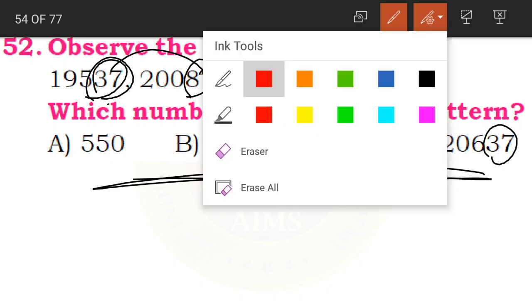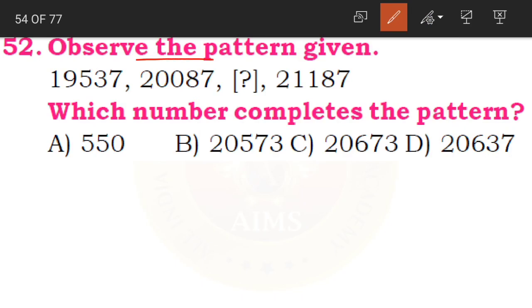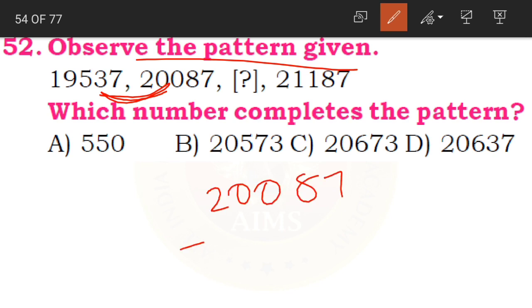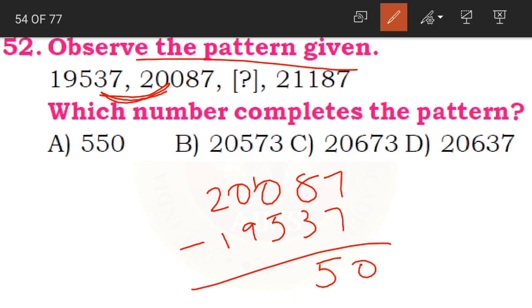Okay. Now coming to how to actually solve this. Whenever such observe-the-pattern questions are given, children, subtract the first two given numbers. 20,087 minus 19,537. What is the difference? 550.